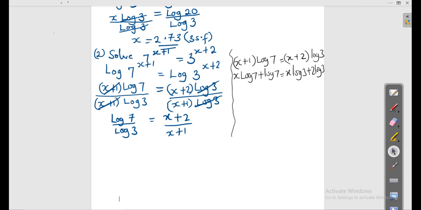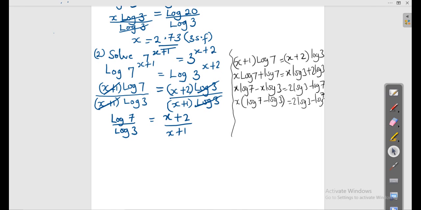Then you try to come up with the common terms, which will be x log 7 minus x log 3 is equal to 2 log 3 minus log 7. So here now x is common, so x into brackets log 7 minus log 3 equals 2 log 3 minus log 7.